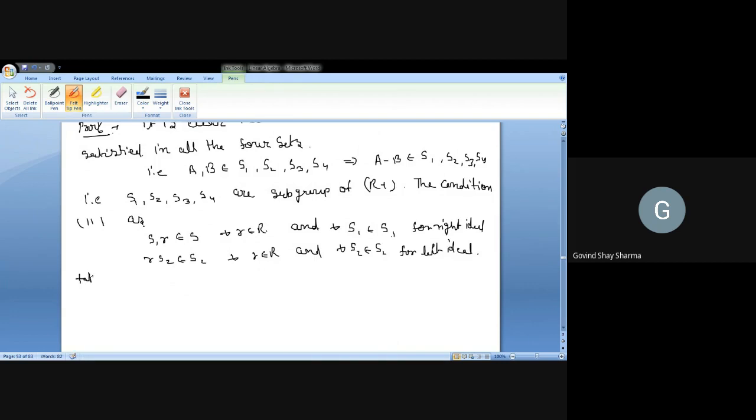Take S1 equal to (a b; 0 0) belongs to S1 and r belongs to the ring, so we take r as (c d; e f).